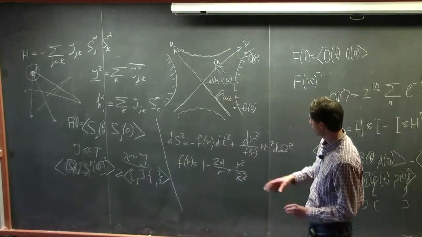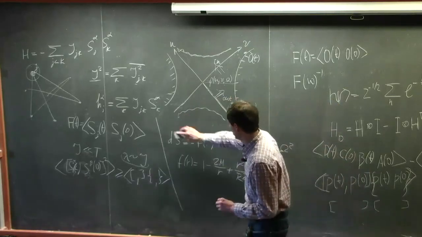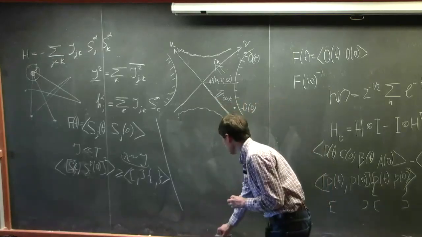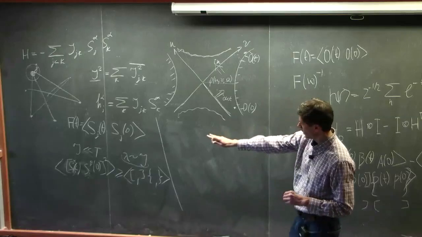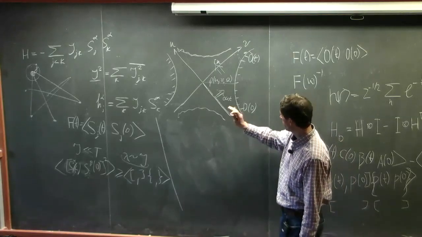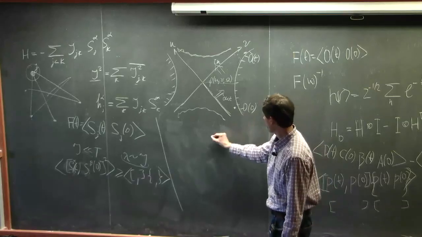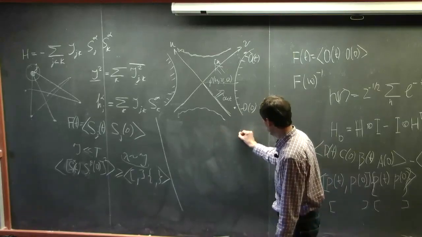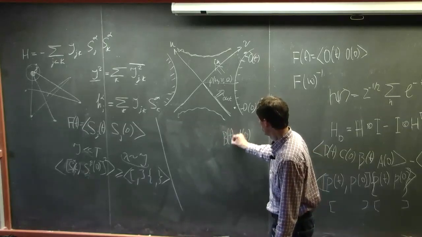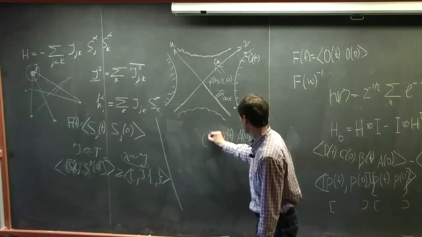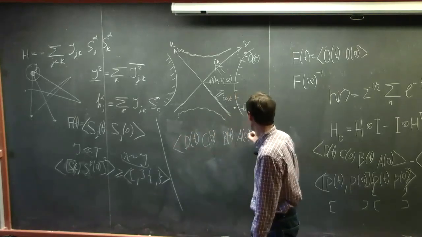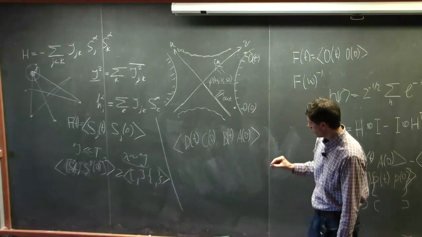Now, if we do the black hole case, the physics of the exponential growth is this. Let's write A of 0, B of t, C of 0, D of t, average.